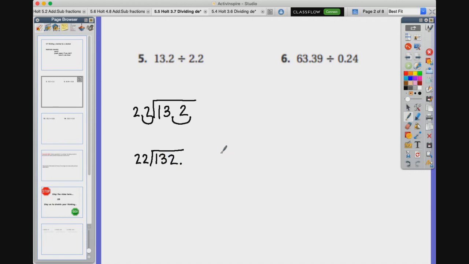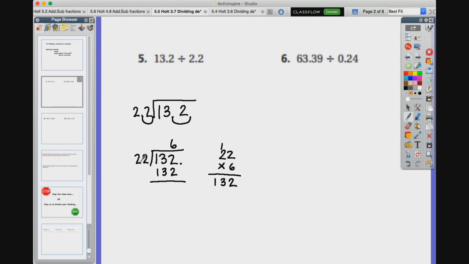So let's just experiment with this and see. If I have 22 times 6, 2 times 6 is 12, plus 1 more is 13. Oh, look at me. You get 132. Sometimes you get lucky. Just got to use that math sense.